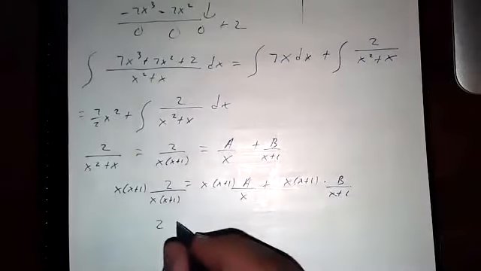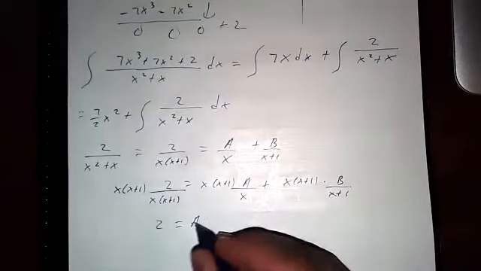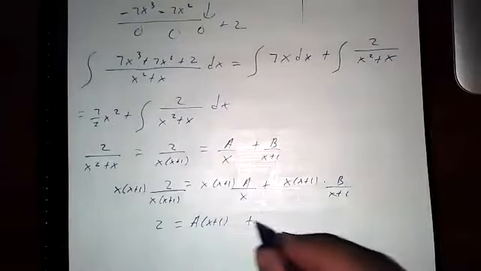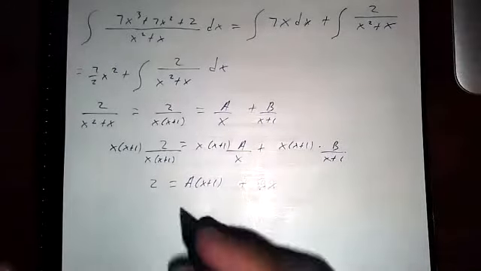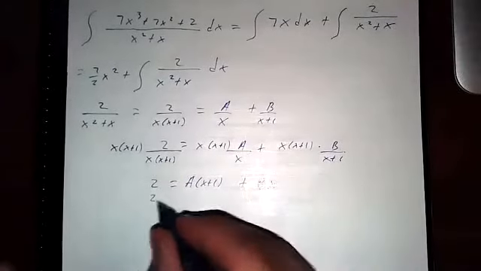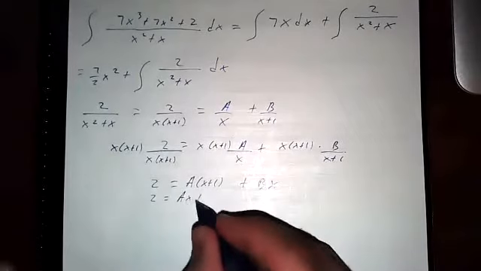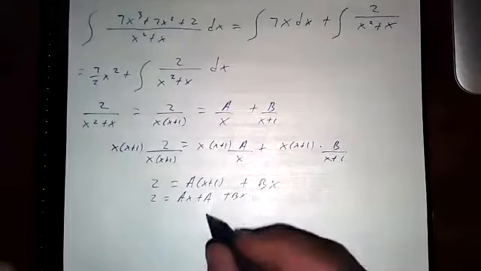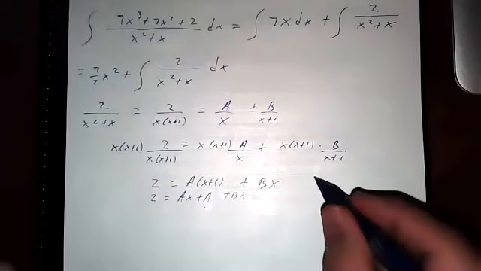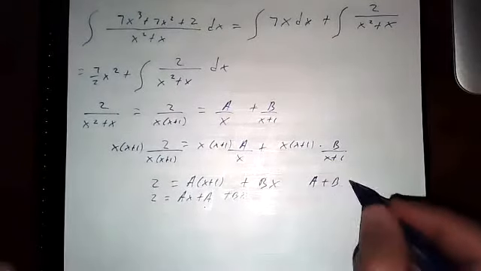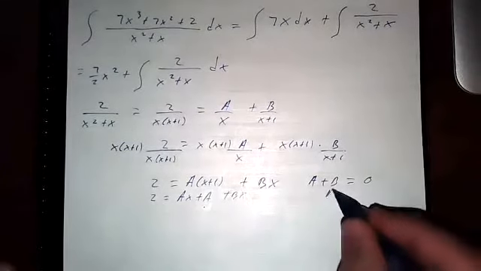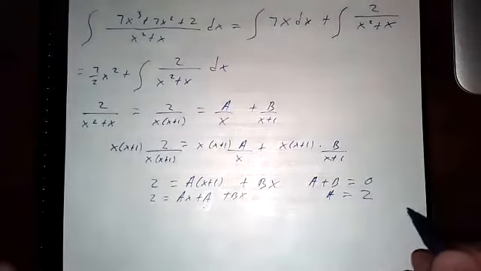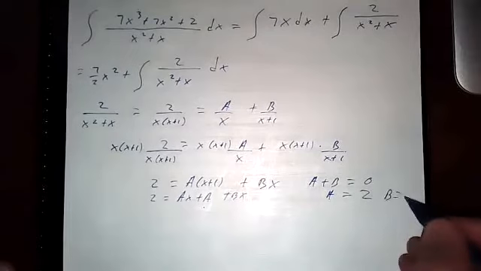So that will give me 2 equal to a times x plus 1 plus bx. Very similar to the last one we did. So when we equate these coefficients, we get a similar system. We get a plus b for the x terms equal to 0. A is still equal to 2. So b is equal to negative 2.